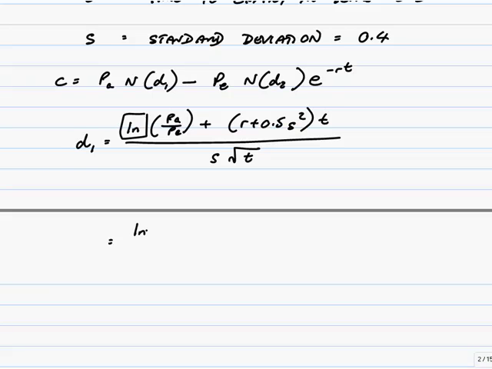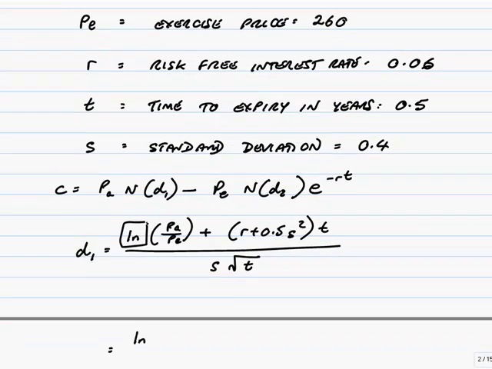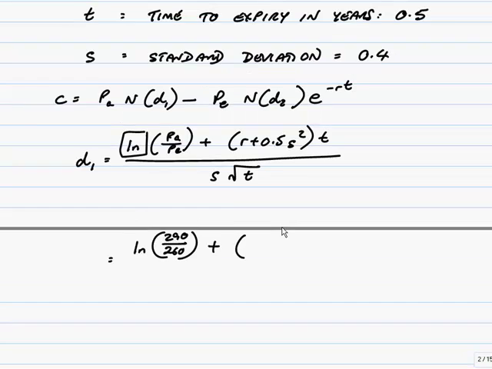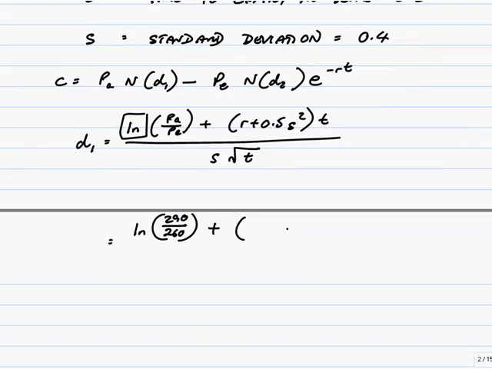But it's log to the base e. It's ln of PA over PE. Well, PA here, current market value, is 290, divided by PE 260, plus r. R was the risk-free interest rate, which is 0.06, plus 0.5 times s squared.